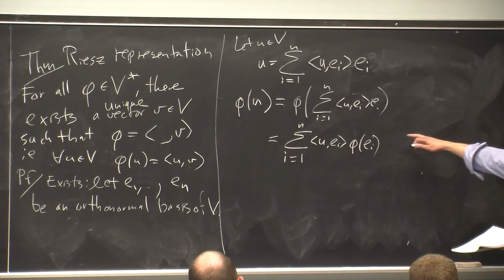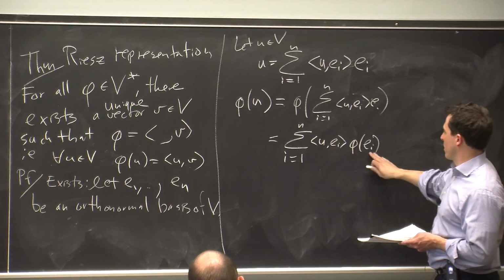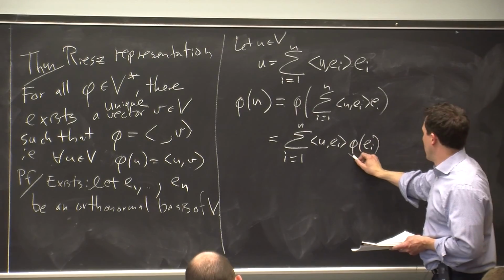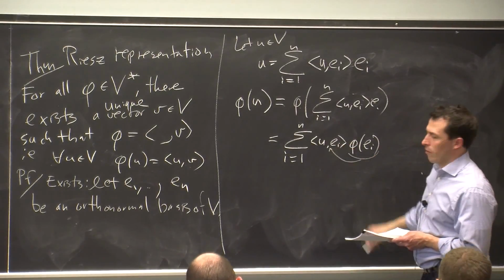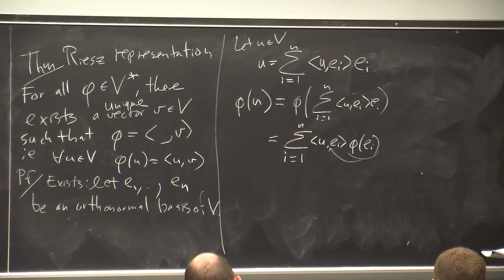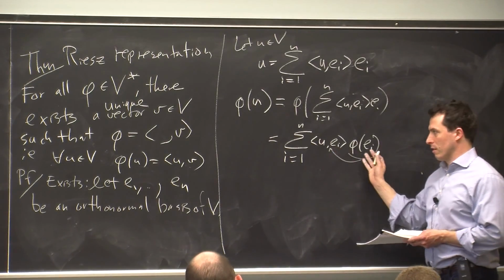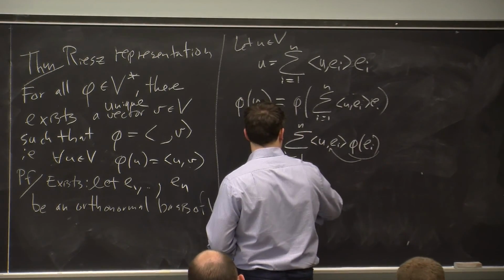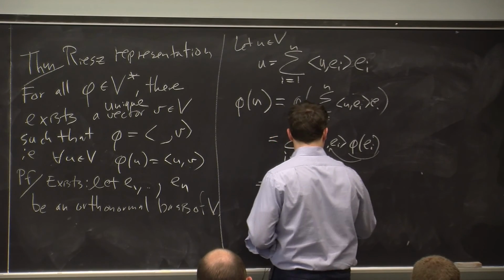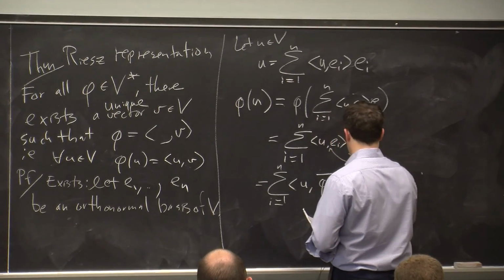But we want to get on the right-hand side an inner product. So we want to consolidate this expression, which is a sum of inner products and this, into one big inner product. First thing we want to do is to take this phi of e_i and move it over there. Because the inner product is conjugate linear in its second slot, moving phi of e_i into here means I have to take its complex conjugate. So that's the inner product of u and phi of e_i conjugate times e_i.